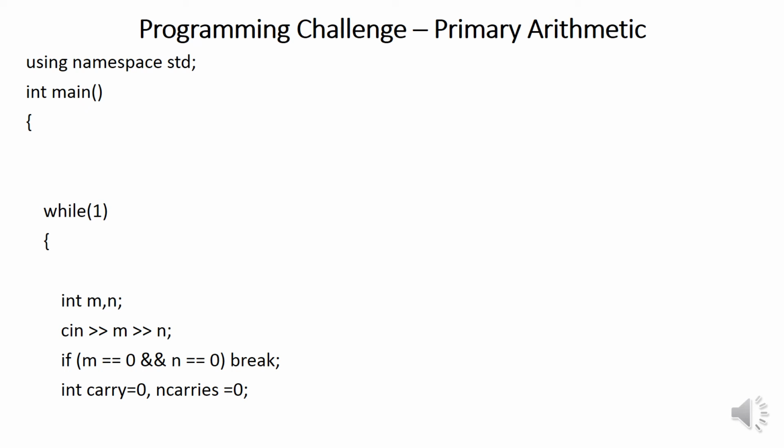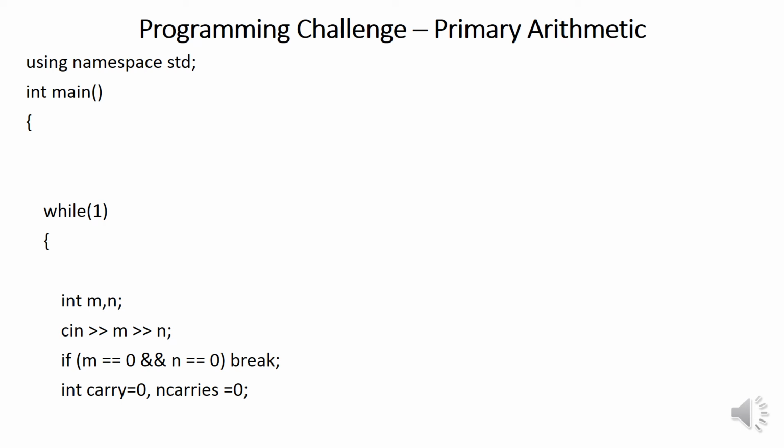Then int main, while one. So int m, n. So m and n are integer type variables. It is very important: m and n are integers, not floats. Okay, cin, we get input from the user.